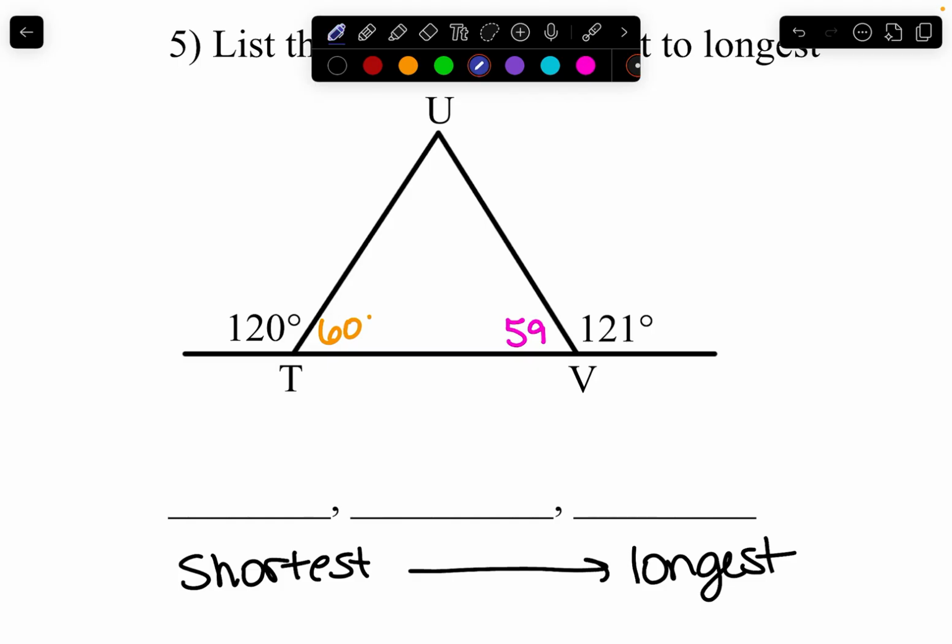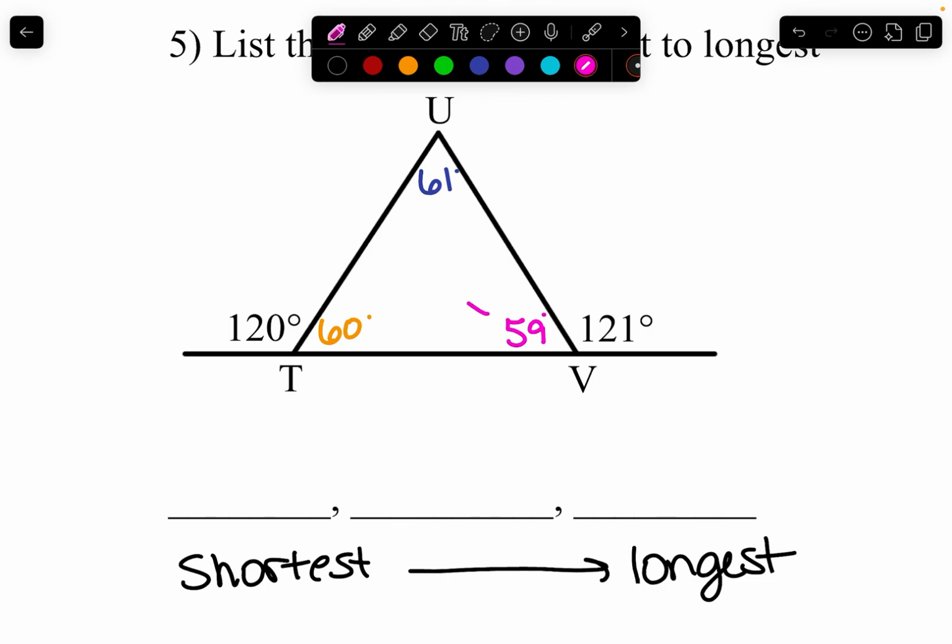That is 61. Okay. Now, knowing that, I know the size of my angles, so I just have to match them with their opposite sides to know which side is the longest, which side is the smallest, and which side is the medium. Okay, so here we go. The shortest side will be across from the smallest angle.